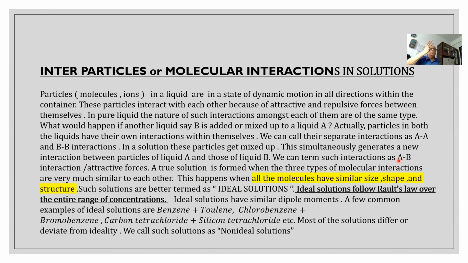So three types of interactions are occurring in a solution, whereas in the pure liquid there is only one type of interaction. Now, in the solution there is AA interaction, BB interaction, and AB interaction. What is interaction? We have just discussed.